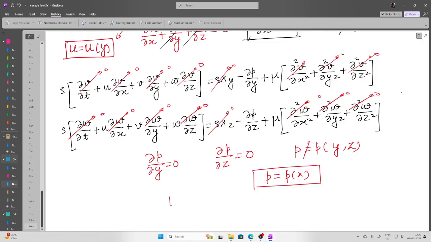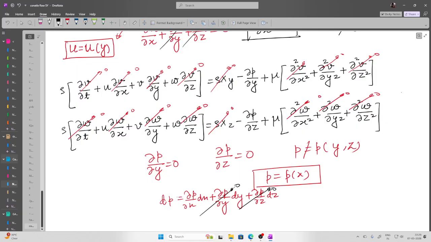If, let's say, initially P was a function of x, y, z, then what is dp? It will be nothing but del p by del x dx, plus del p by del y dy, plus del p by del z dz. But here we are saying that p is not a function of z, so this will vanish. P is not a function of y, this will also vanish.